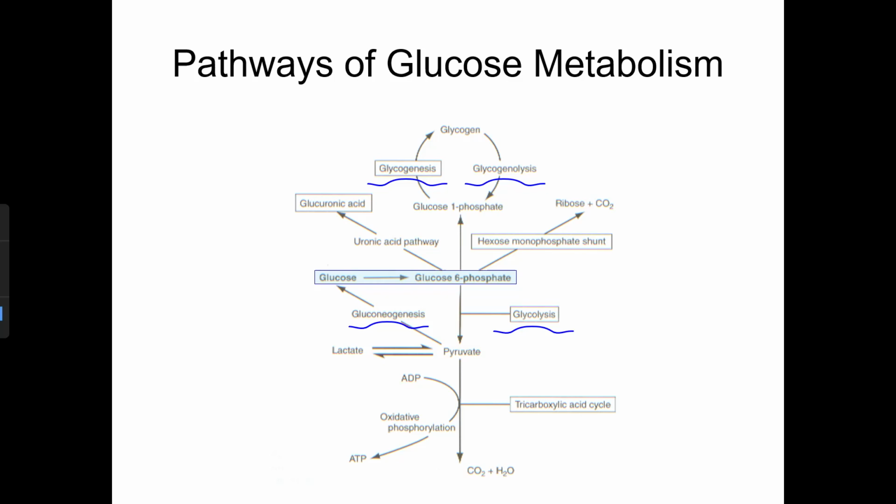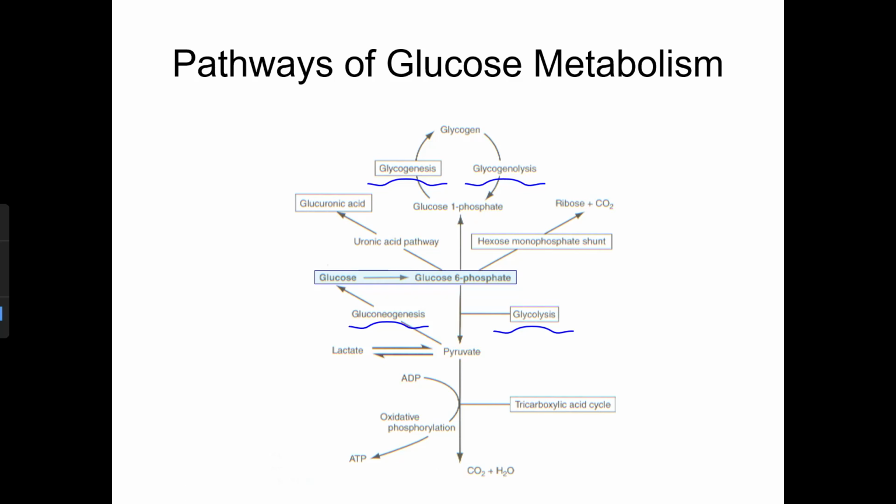So pathways of glucose metabolism. Glycogen is the storage form of glucose, and as I mentioned previously, that can be found in the liver, or some glycogen is found in our skeletal muscle. If our body is low in glucose, we can break down glycogen through the process of glycogenolysis into glucose 1-phosphate.